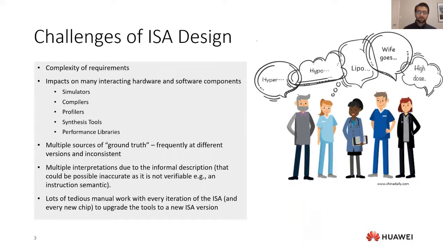So the conventional way that ISA design has been done, you have multiple sources of ground truth where you frequently have different versions and inconsistencies across the different versions of your ISA. More often than not, it is in the form of Excel sheets or sometimes some kind of language.